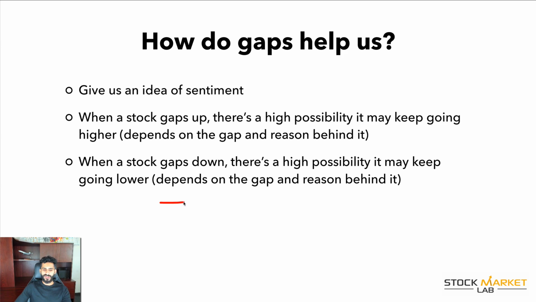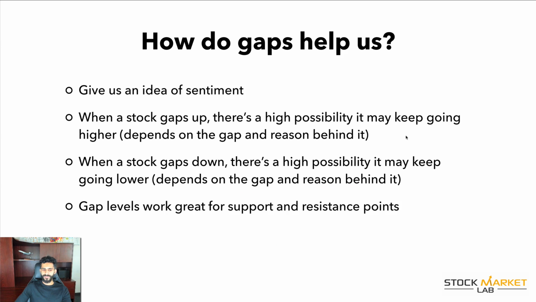So if this is a stock, let's say this is Monday and Tuesday, it gaps, right? And there's, let's say, a gap here. It doesn't mean it's always going to keep going down. The stock can gap down, open lower, and then keep going higher. So you need to understand it depends on the gap and the reason behind it.